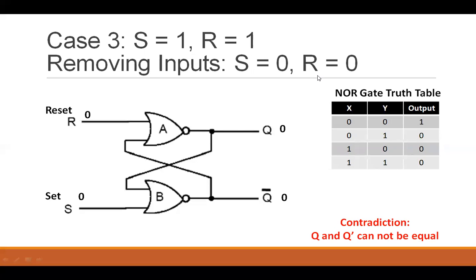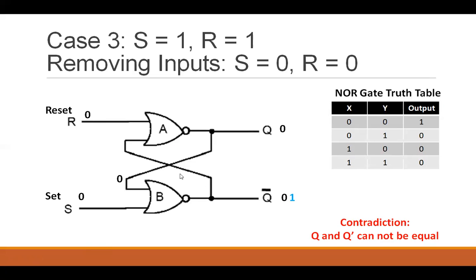If I remove the input now, the previous state, the Q and Q dash, was 0, and I'm now removing the inputs, so R and S are again 0. What is going to happen to my circuit now? This 0 of Q is being fed into B. So 0 and 0 here is going to make the Q complement 1.